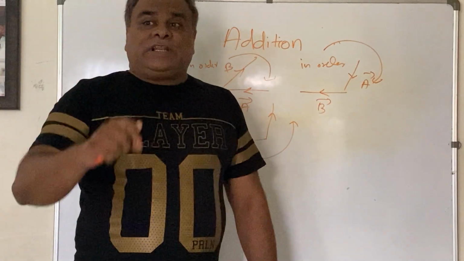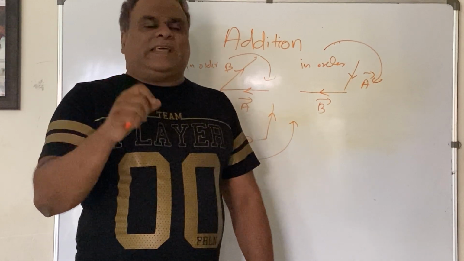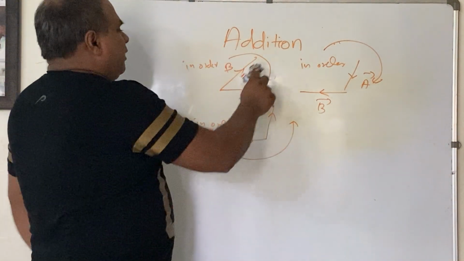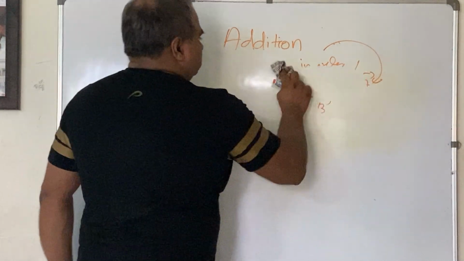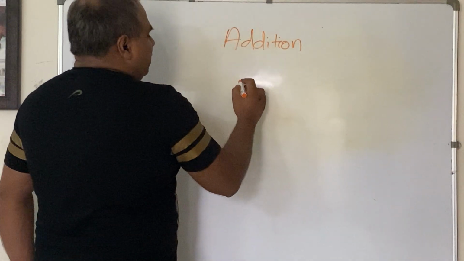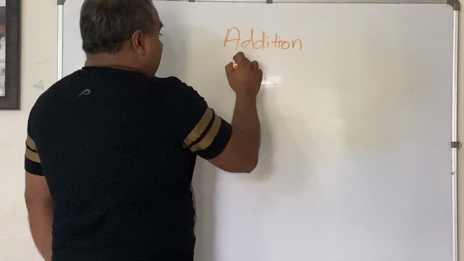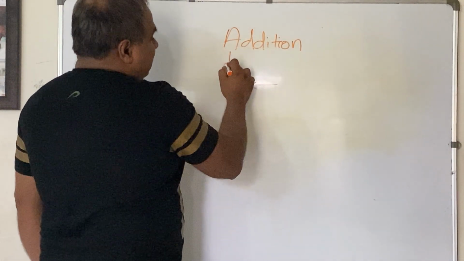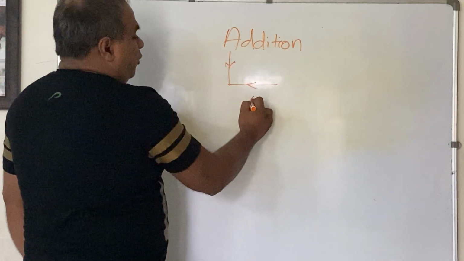If they are not in order, how do we understand that? That's what I am going to tell you. For example, if you have one vector in this direction and the other vector in this direction, so this is clockwise and this is anti-clockwise.